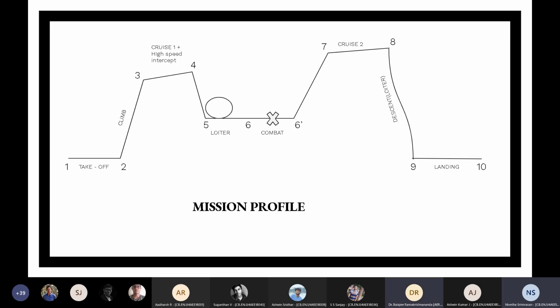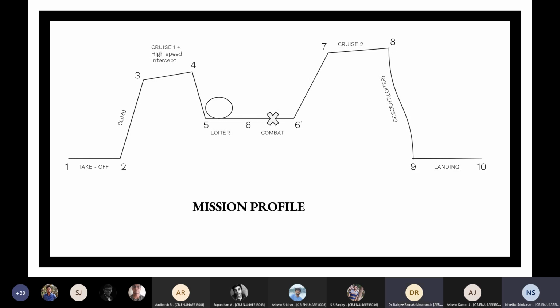Now, how this interception works is, once the enemy aircraft has been detected, the ATC gives commands to the aircraft to go airborne and tap into the frequency of the enemy aircraft so as to give verbal commands to chase them away.